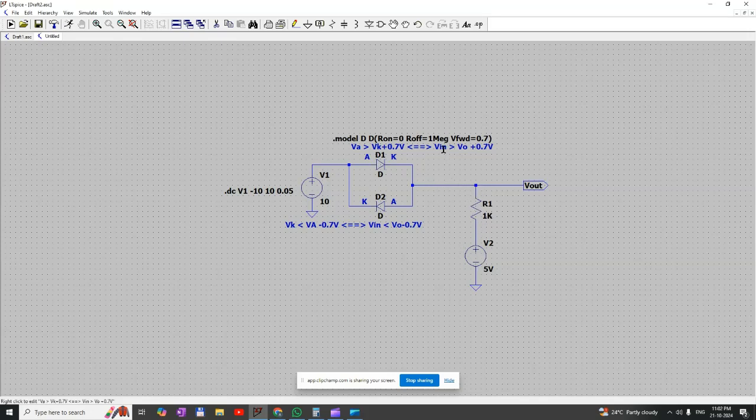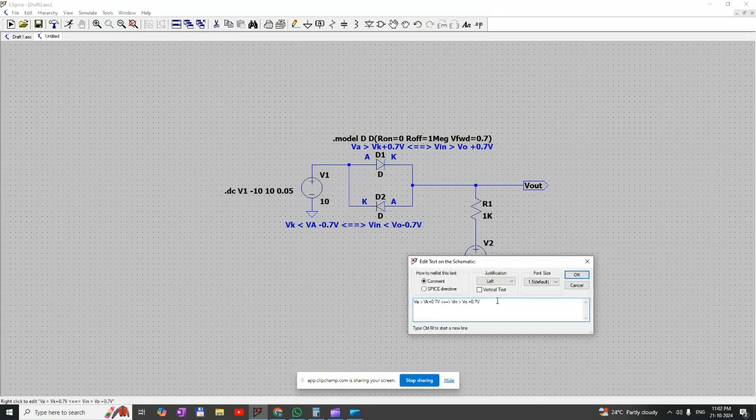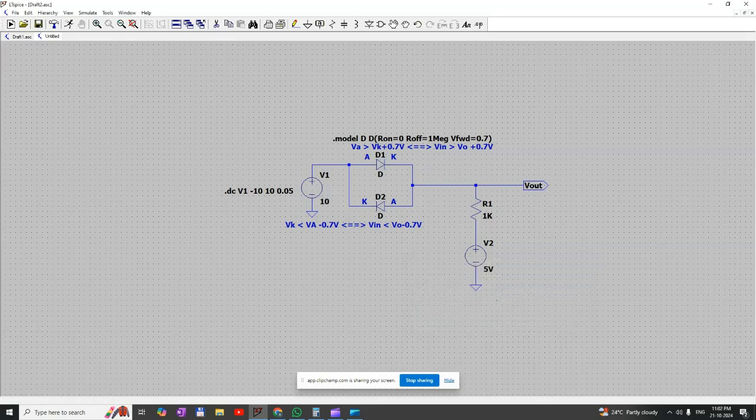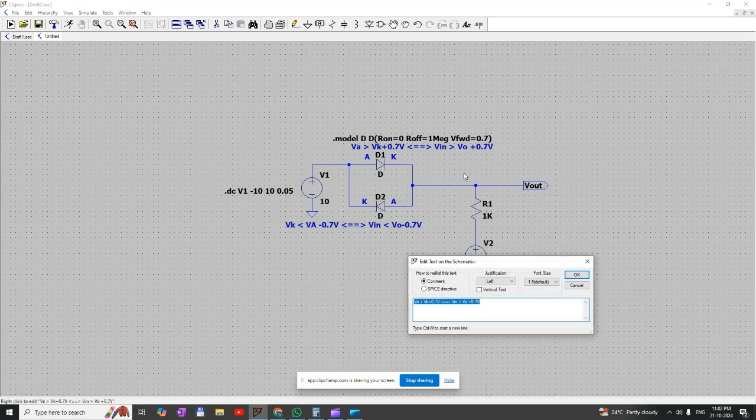So V in should be greater than or equal to 5 volt plus 0.7 volt.